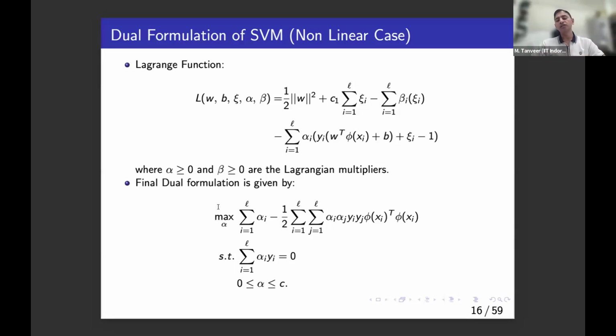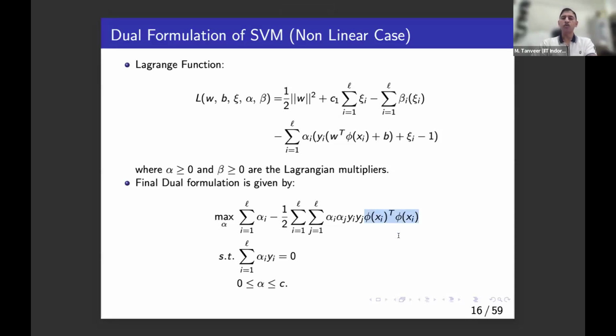Now it is very important to see that we are solving a nonlinear SVM problem, where the data is highly complex, and we are using the concept of the SVM kernel to solve this problem. When we solve this nonlinear SVM dual formulation, we see that the data points appear again in the form of a dot product, that is phi transpose phi.